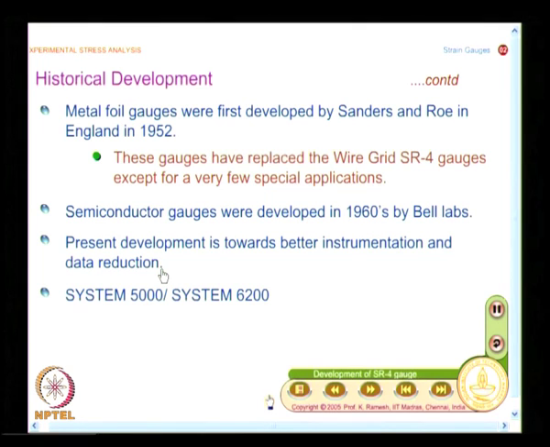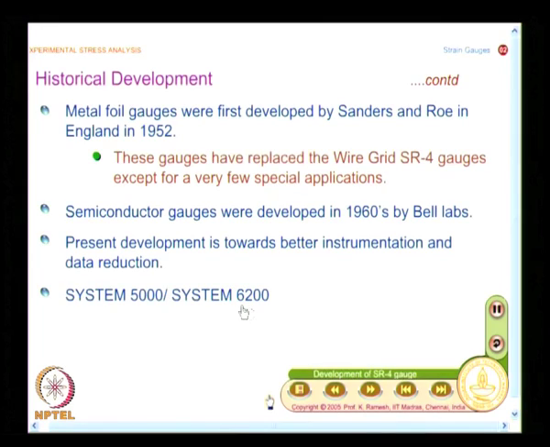As the technology is advancing, more refinements come into place. With computer technology, I can handle 1000 channels comfortably now, which was not possible earlier. You may have few channels to start with, and you can also go for dynamic strain measurement. All that is because of advancements in electronics.